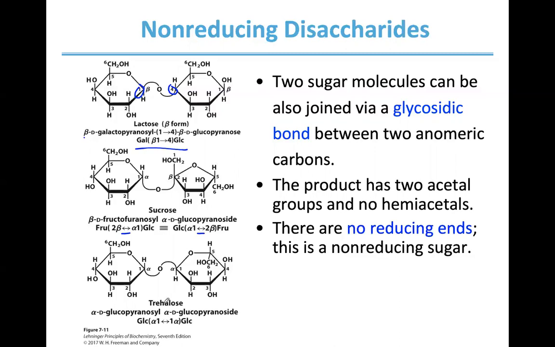So trehalose, I don't know how to pronounce this. Trehalose. This one is a disaccharide of 2 glucose molecules, both alpha. Okay. Questions?